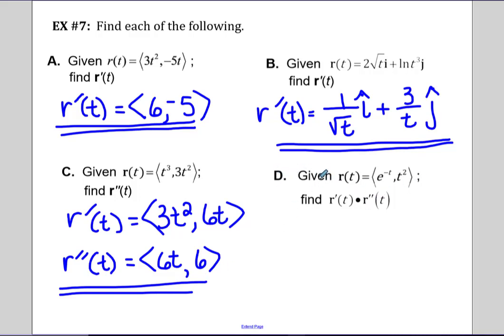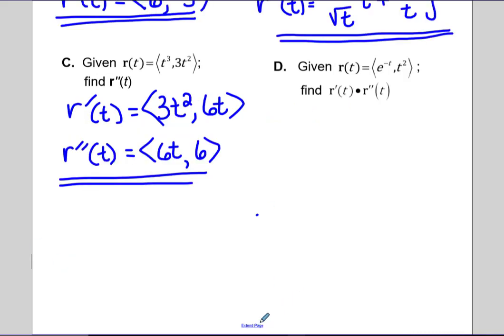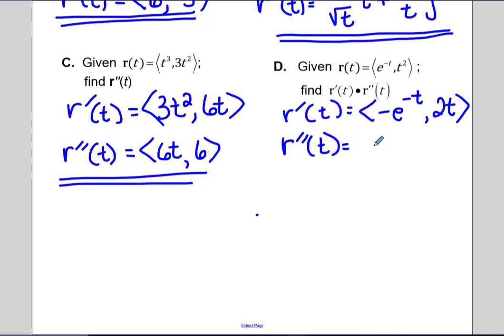And this one we're going to be given this vector function, and we want to find the dot product of the first derivative with the second derivative. So using the first derivative, we're going to have -e to the -t and 2t for the first derivative. The second derivative is going to be +e to the -t and 2.